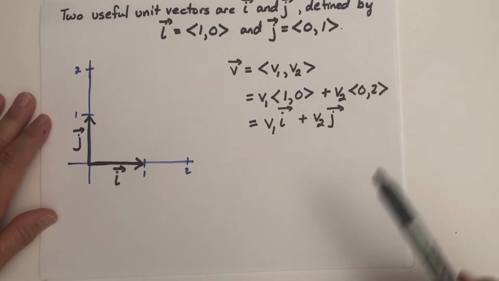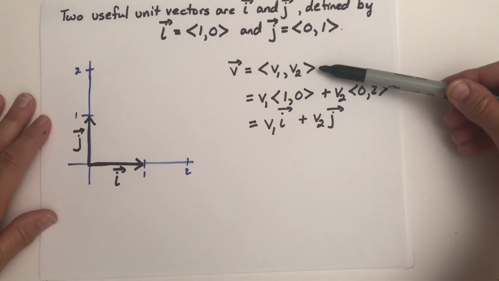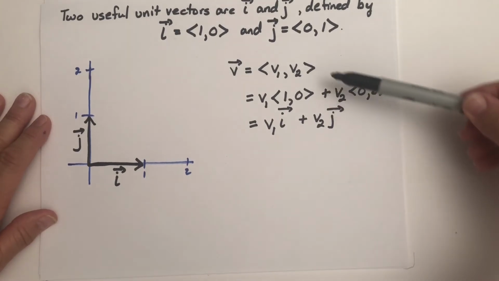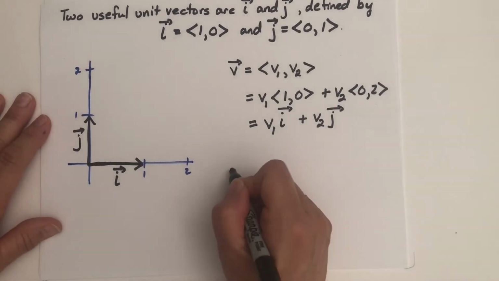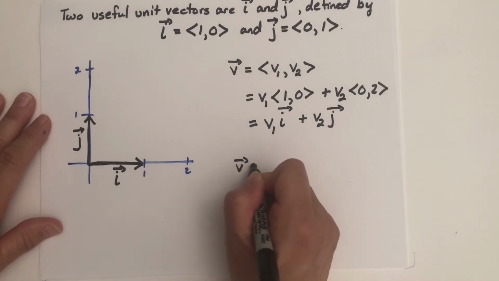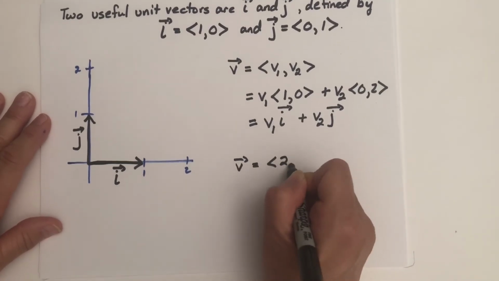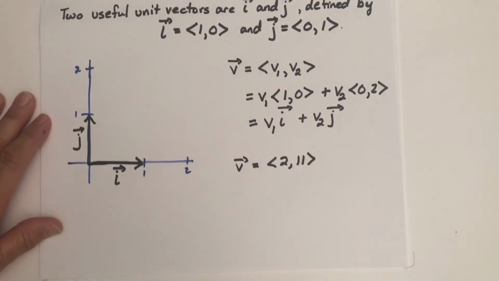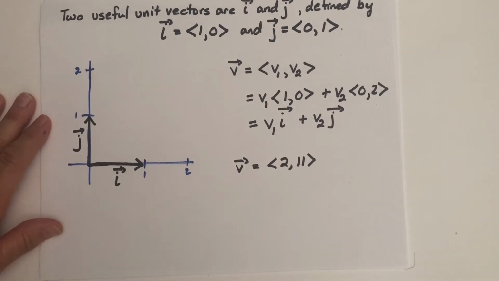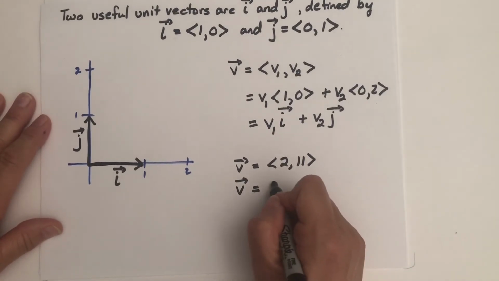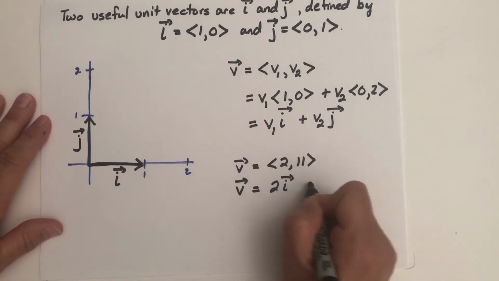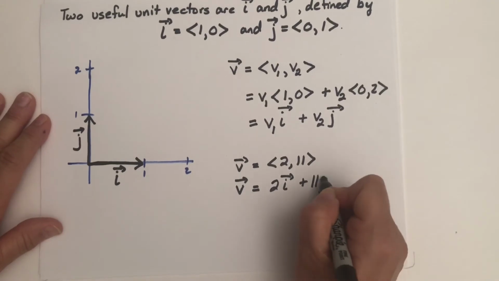And we have an alternate way to write a vector. Both of these are common notation. So if we have a vector v that is, say, ⟨2, 11⟩, we could equivalently write it as the vector that is 2i plus 11j.